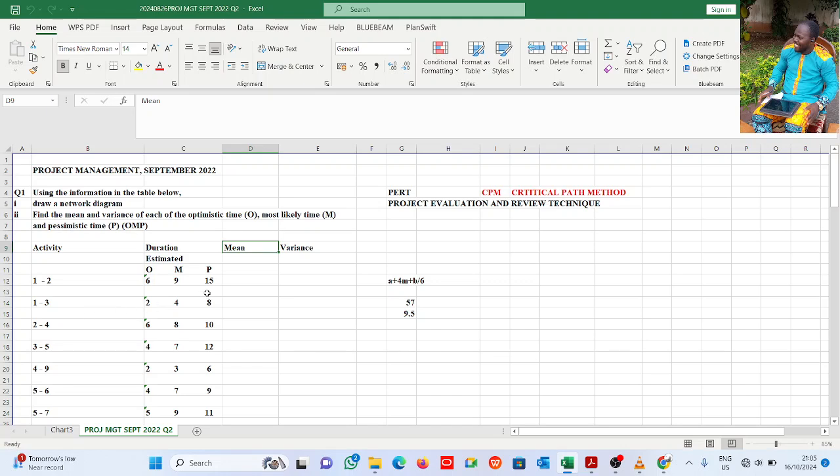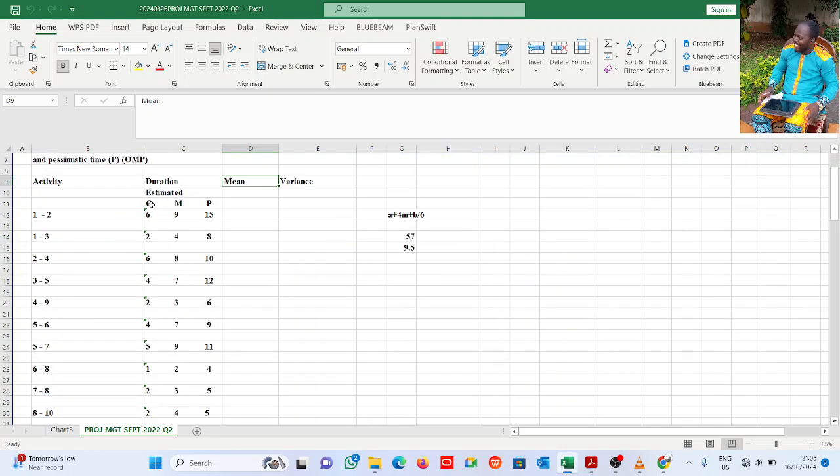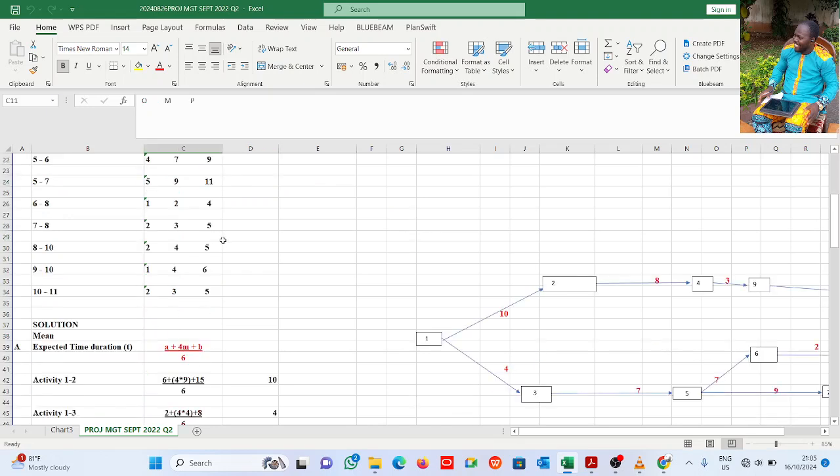There is a formula for calculating the expected time or mean time for each activity: the optimistic plus 4 times the most likely plus the pessimistic, divided by 6.